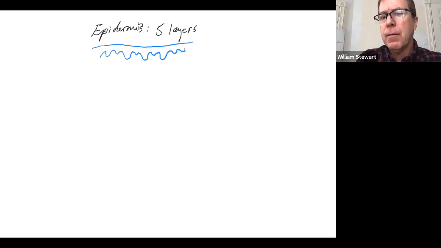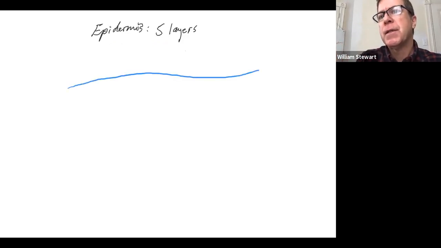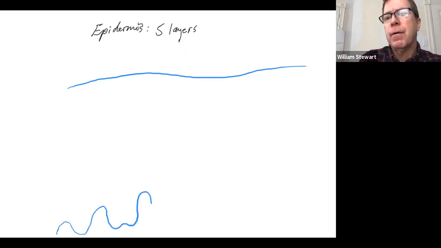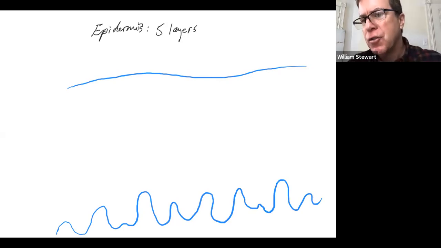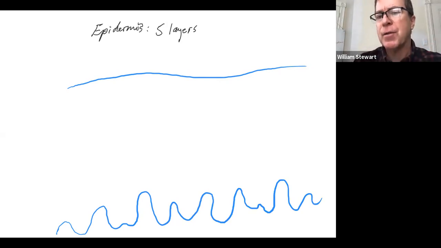So let's do that. Let me get my eraser out, and I'm going to magnify this. If this is the upper layer of the epidermis, here's that wavy line way down here. And by the way, this wavy line separates epidermis from those 2 dermal layers. So everything below that blue wavy line is dermis, everything above it is epidermis.